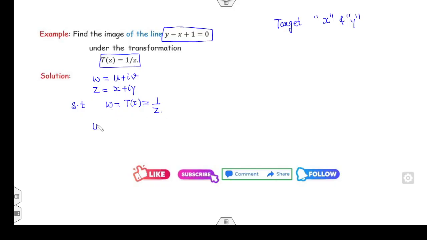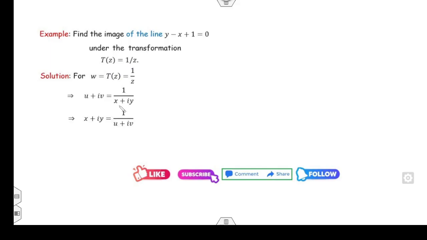I can substitute the value u plus iota v, which is x plus iota y. Fine. I can find the value of x. So I can multiply with u minus iota v over u minus iota v, which implies u minus iota v divided by u square plus v square. So what is the value of x? x will be u over u square plus v square. y is equal to minus v over u square plus v square.